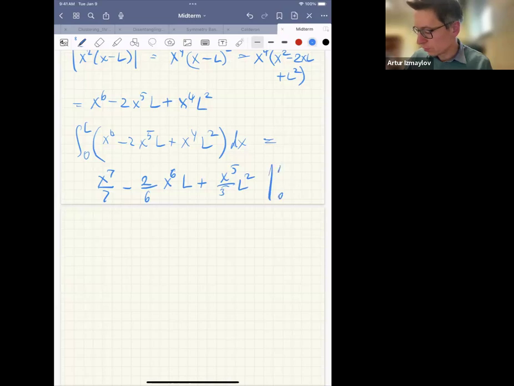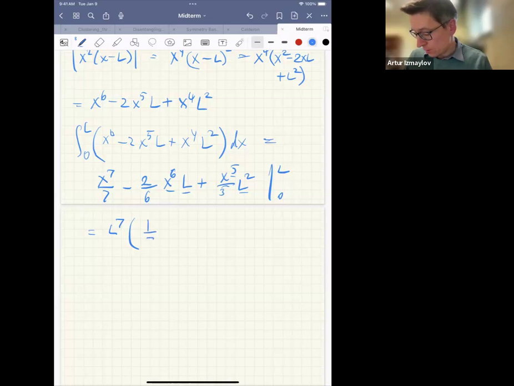This is between 0 and L. 0 is not important. What is important is L, and you have L to the 7 everywhere, as you could see.